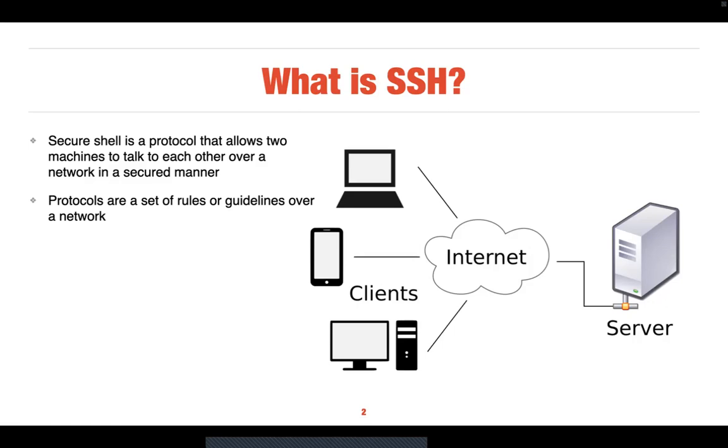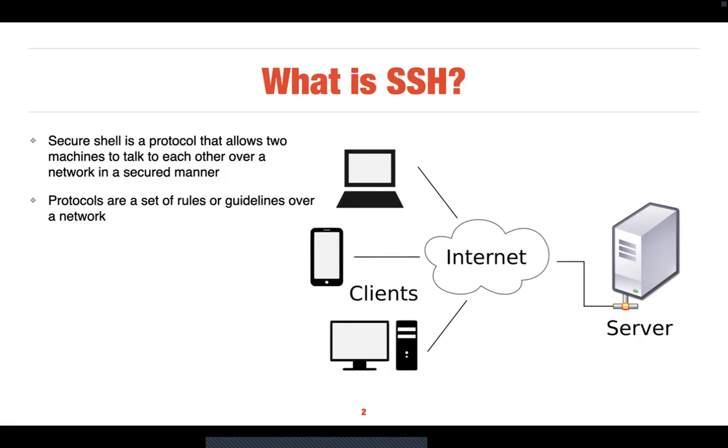Because the two machines are talking over the internet, and there are many other people or machines on the internet also, they can hack that communication, or they can get the data. So it is not secure to talk over the internet.